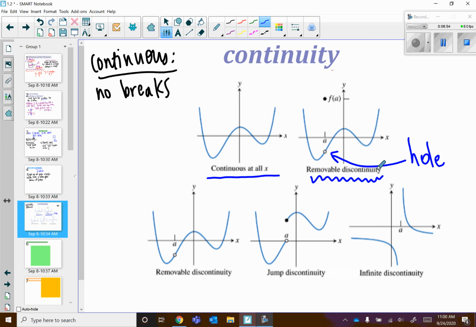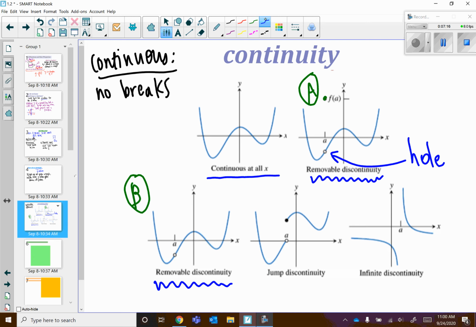For this third function, it's a similar one, a removable discontinuity. The difference, though, between, let's say this is A and B, if you notice, in A, there is a point on the graph at that x value. It's just not filling that same space in the function.